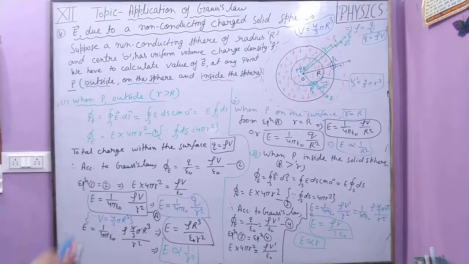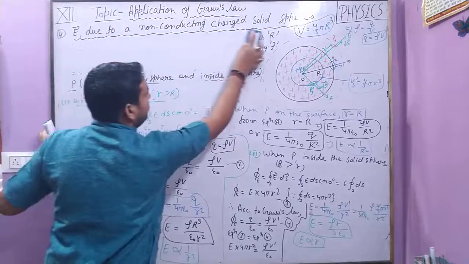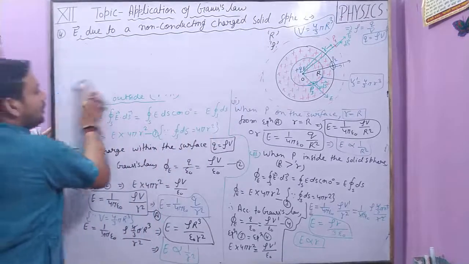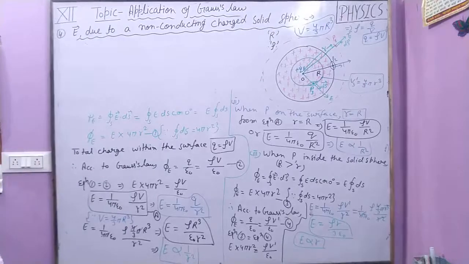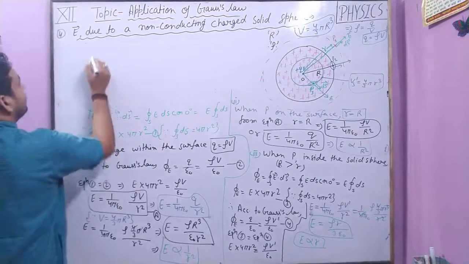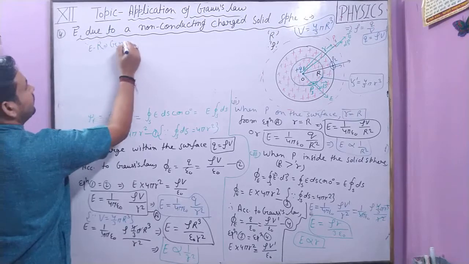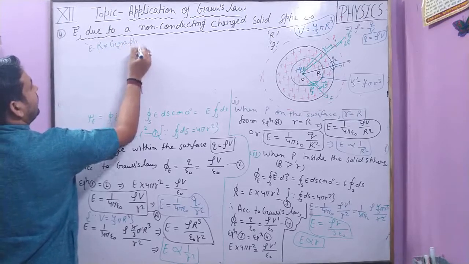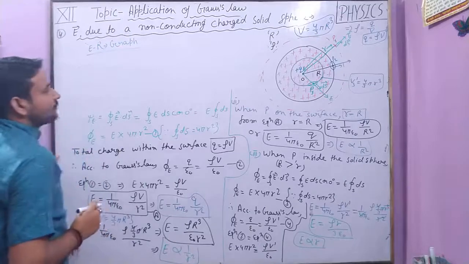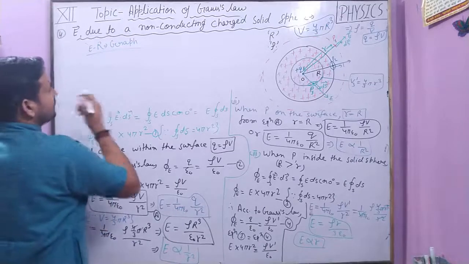Now we understood about the E-R graph for a non-conducting charged solid sphere. E-R graph, which means the electric field versus distance graph.